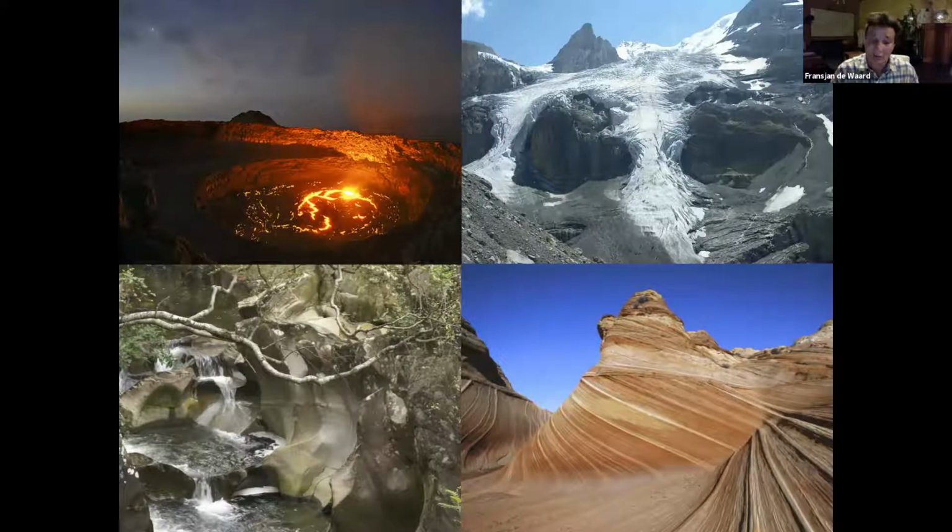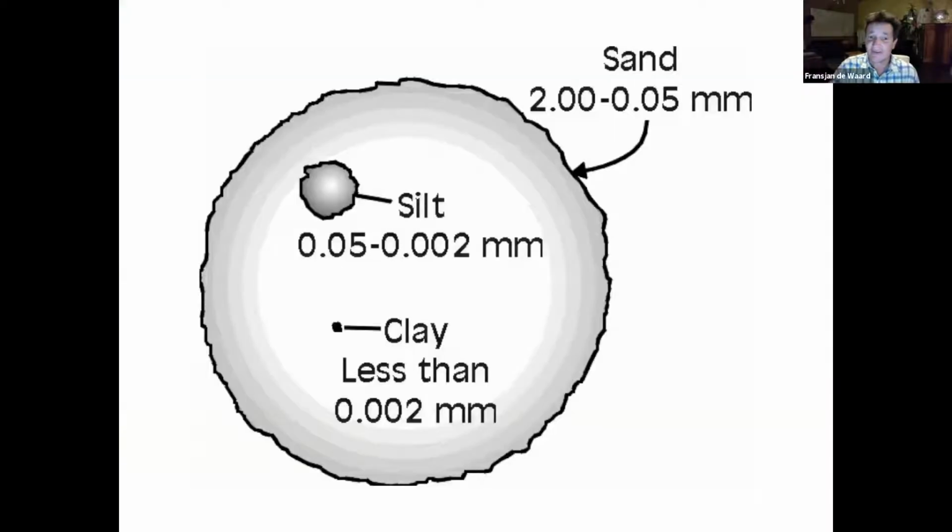There is the power of water and the power of wind that shape what we now walk on every day without realizing much about it. And these huge forces have molded the rock material, the mother material, into various classes of size. And so these are the English terms that we use.